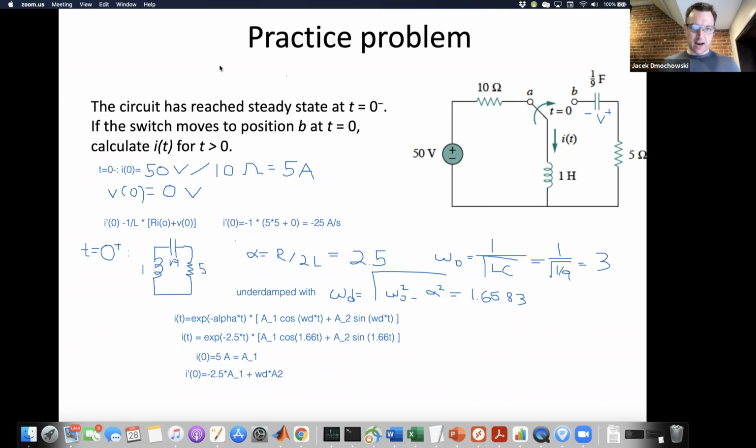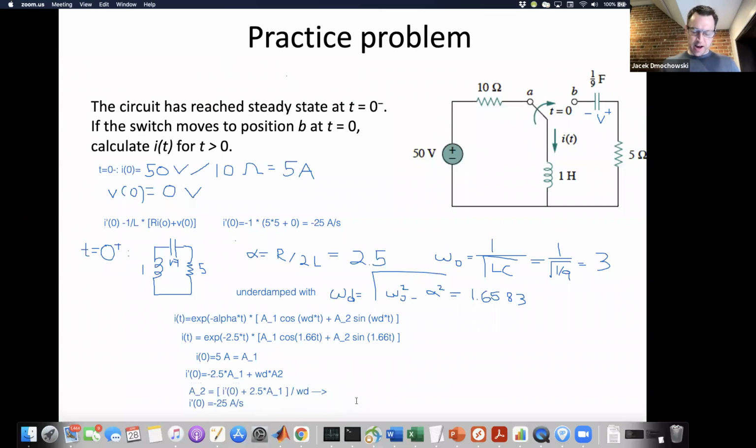Okay. And so let's now rearrange this to solve for A2. And what you'll see is that A2 is equal to, let's put this all in square brackets, I prime of 0 plus 2.5 times A1 over omega D. And we have that I prime of 0, we already had, was equal to negative 25 amps per second.